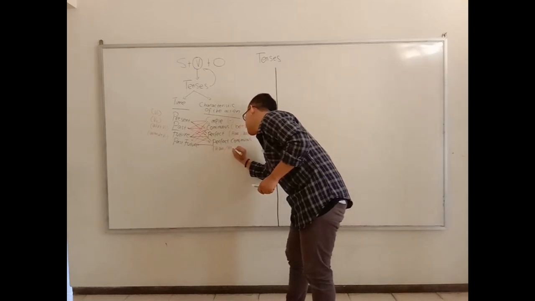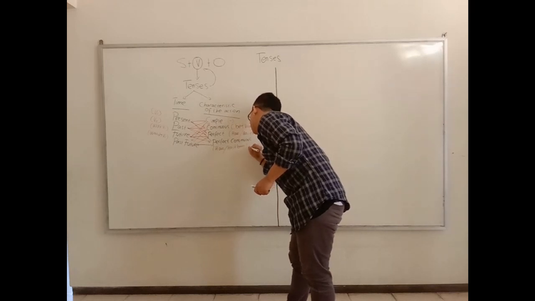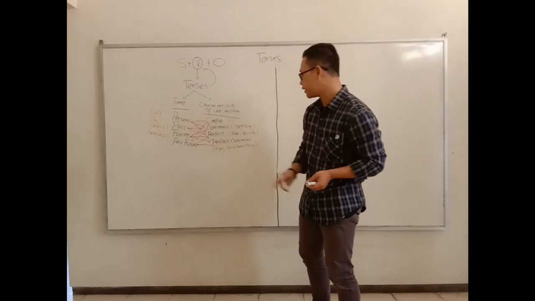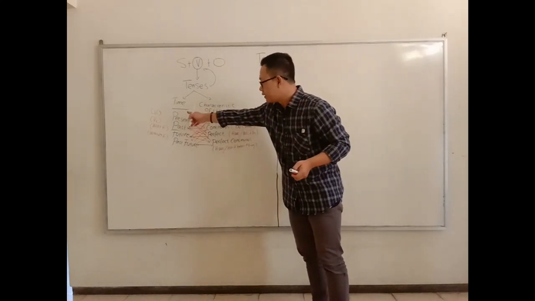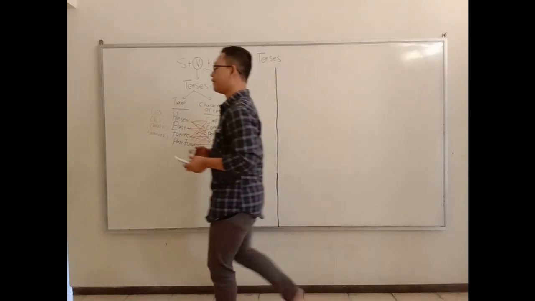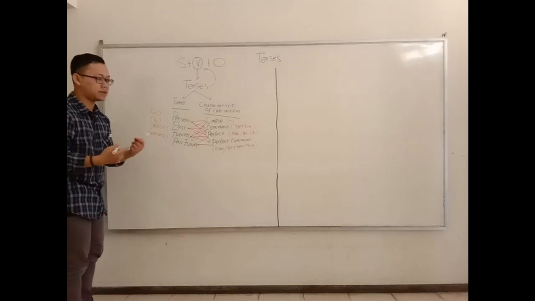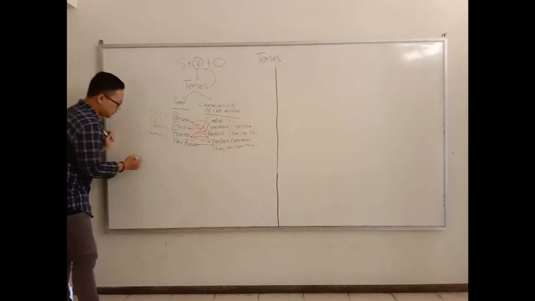Perfect continuous is identical with have or has plus been plus verb A. Okay, this is time and characteristics of the action. Dan ini saya memberikan kolom perubahan nanti ketika kita ingin menyusun rumus tenses.